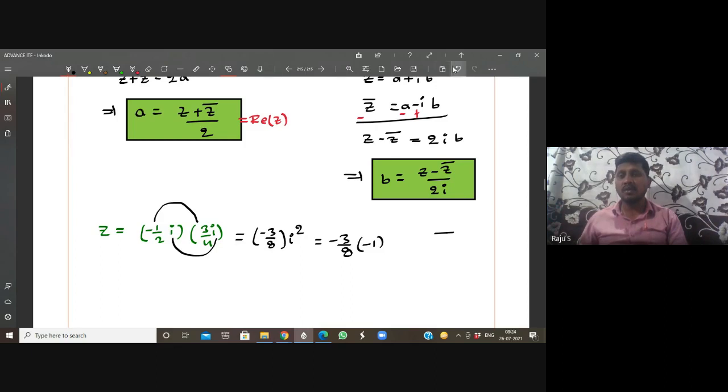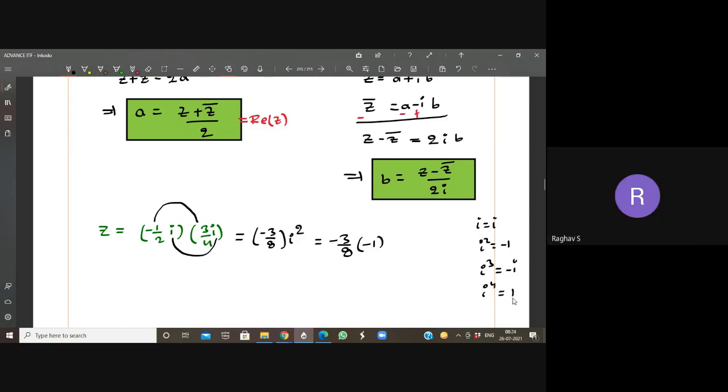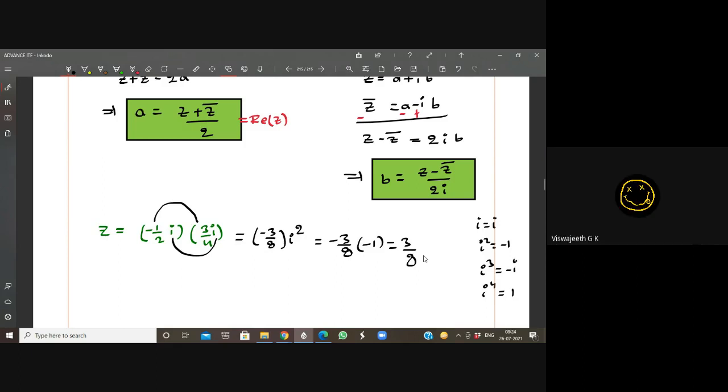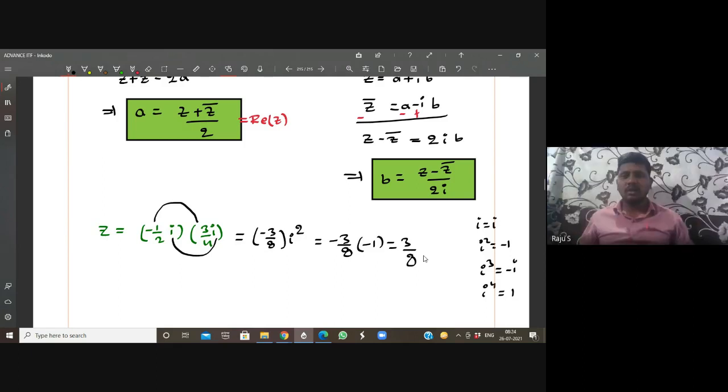Remember students, iota power 1 is iota, iota square is minus 1, iota cube is minus iota, and iota power 4 is 1. Until we get 1, we can increase the powers. So finally the answer is 3 by 8.